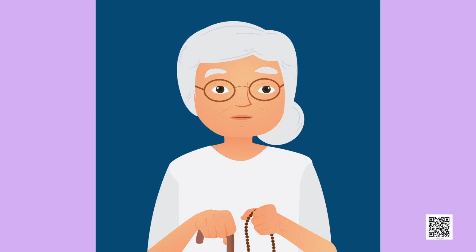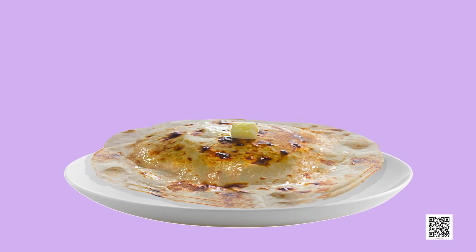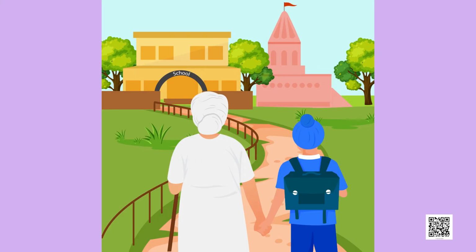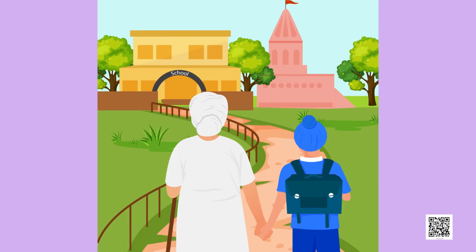Then she would fetch my wooden slate, which she had already washed and plastered with yellow chalk, a tiny earthen ink pot, and a red pen, tie them all in a bundle, and hand it to me. After a breakfast of a thick stale chapati with a little butter and sugar spread on it, we went to school. She carried several stale chapatis with her for the village dogs. My grandmother always went to school with me because the school was attached to the temple.